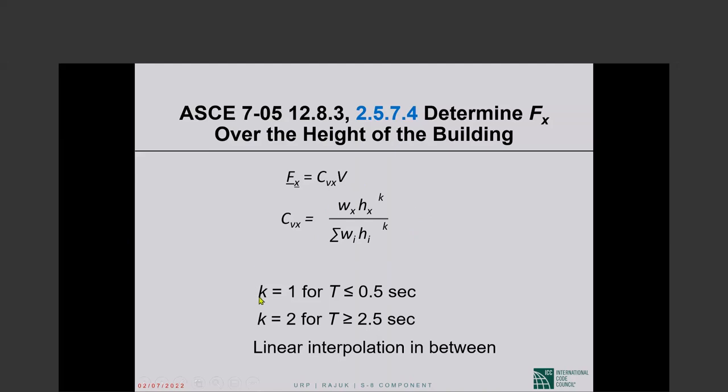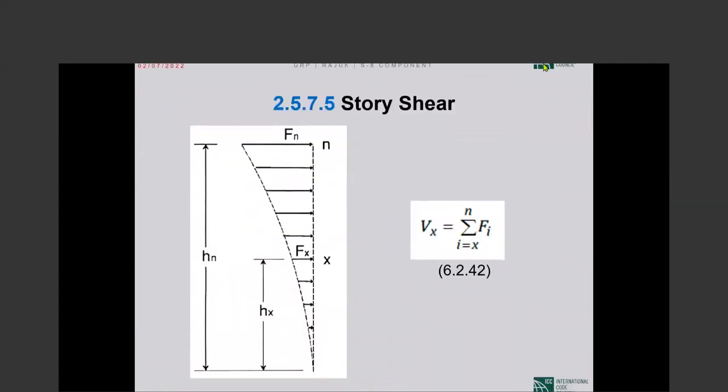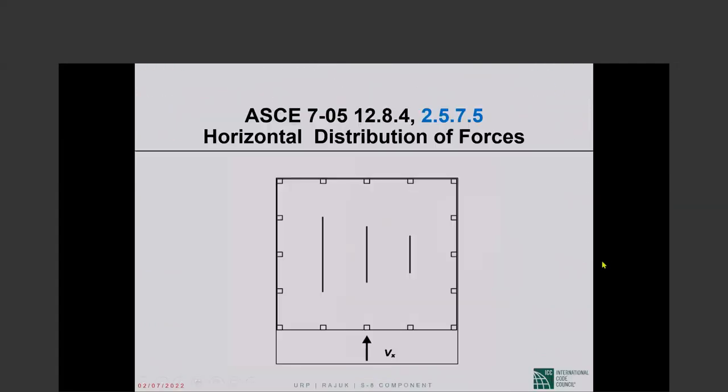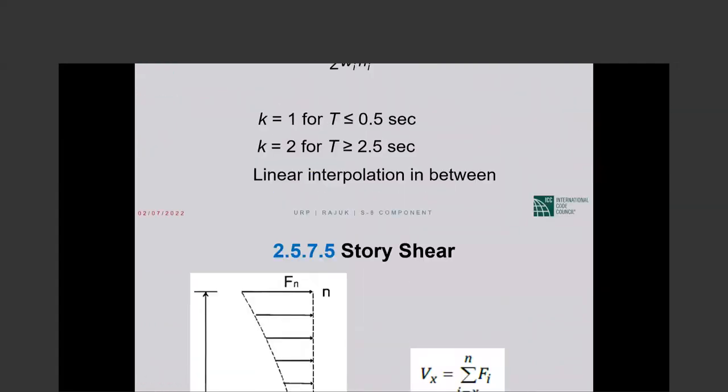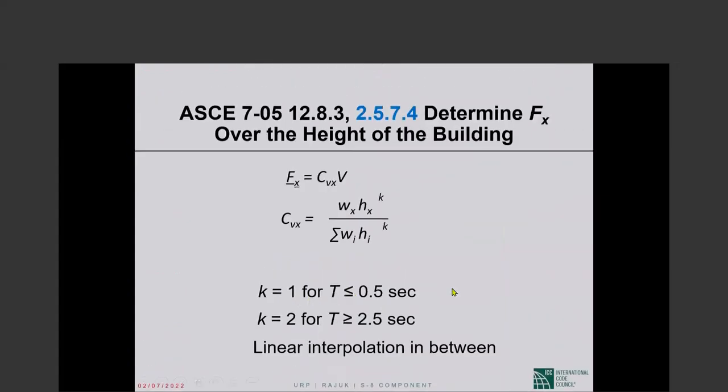K is 1 for periods up to half a second. K is 2 for periods of 2.5 seconds and above. So K of 1 is a linear distribution. Triangular distribution, whatever you like, going from 0 at the base to a maximum at the top. So for short period structures, we do a triangular distribution of the design base shear.